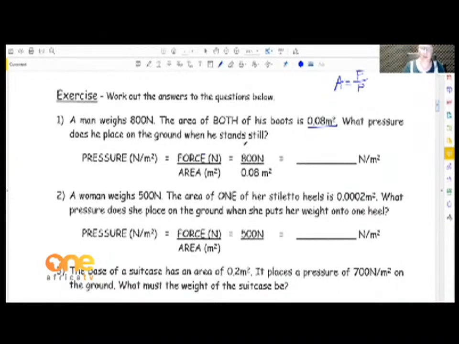Our force is measured in newtons, and that is his weight. So that is the 800 newtons over here, and that is how big his feet are. So if we put that into our calculators and work it out, we end up with 10,000 newtons per square meter. So this is the amount of pressure he puts on the ground.